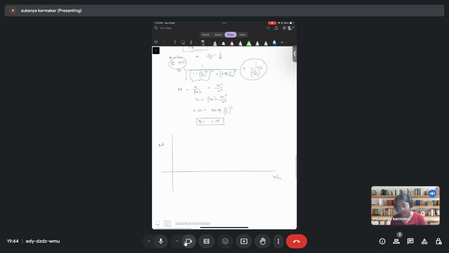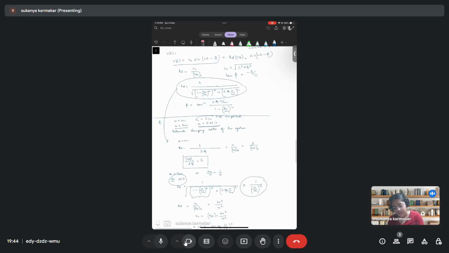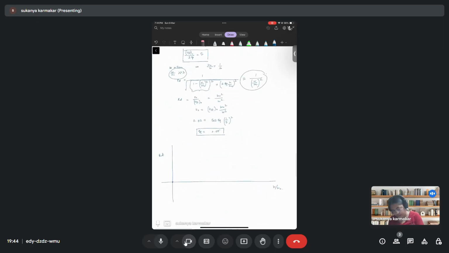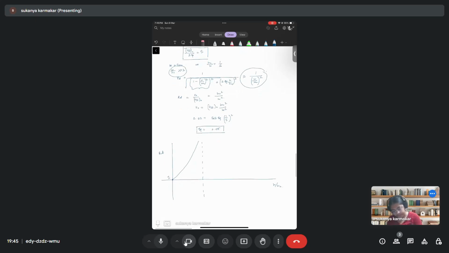When omega by omega n is equal to 0, your RD is 1. So you start from here, right? Suppose your damping ratio is a very small number, so your response will be the same. When it is 0, the value is 0, it will be something like this.